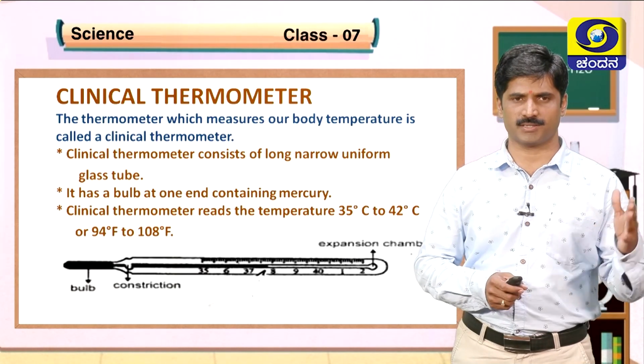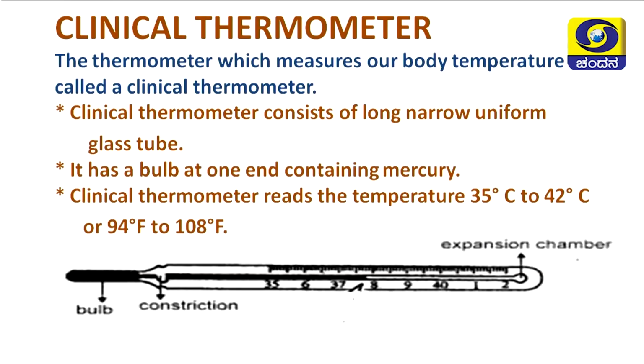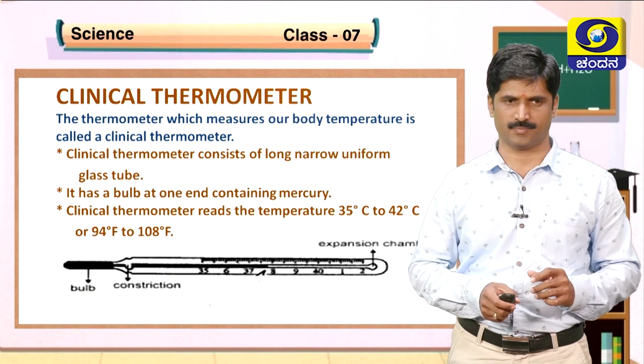A clinical thermometer consists of a long, narrow, uniform glass tube. It has a bulb at one end which contains mercury. Have you ever studied about mercury? Yes, you have studied it in your 5th standard. Mercury is the only metal which occurs in liquid state.